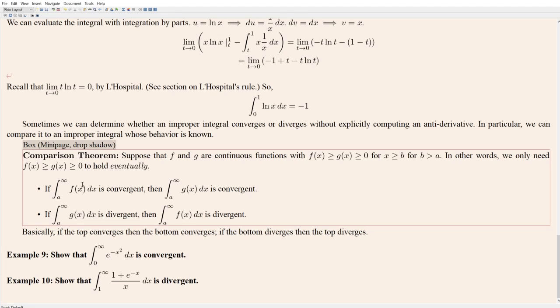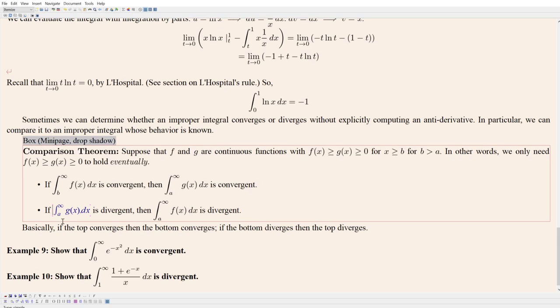So if the integral of f is convergent, and now the thing on the bottom is our b, because it only matters eventually, this whole first bit can be thrown out entirely. So if this bit converges, then this bit with the lower limit equal to a also converges.